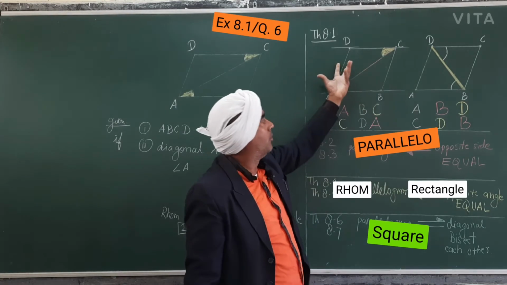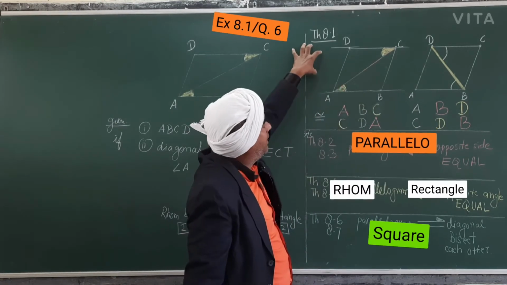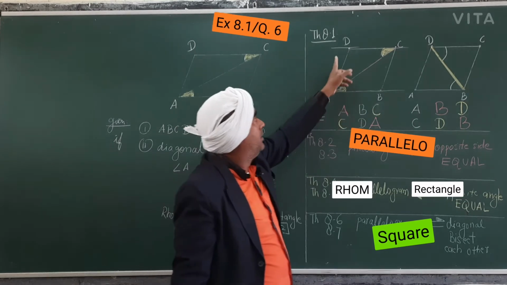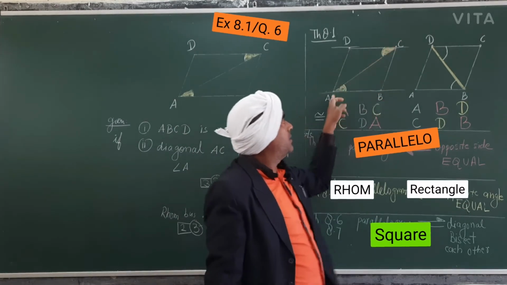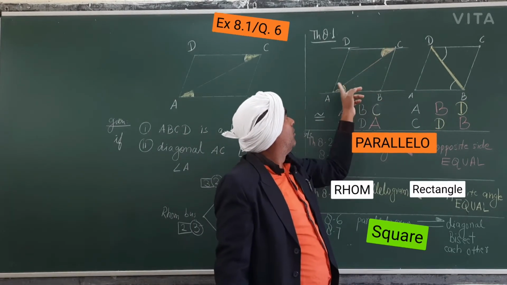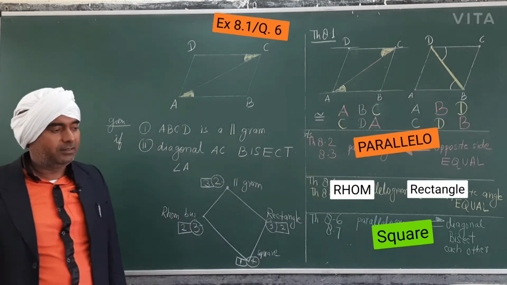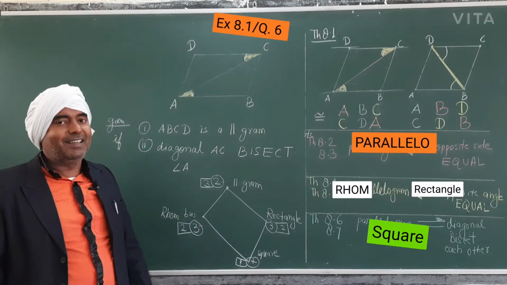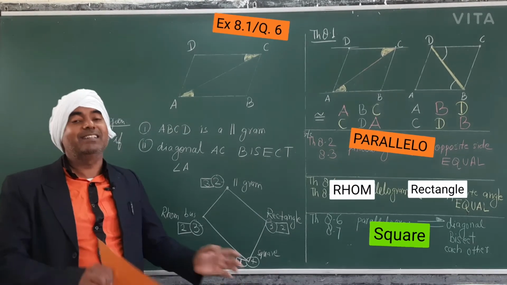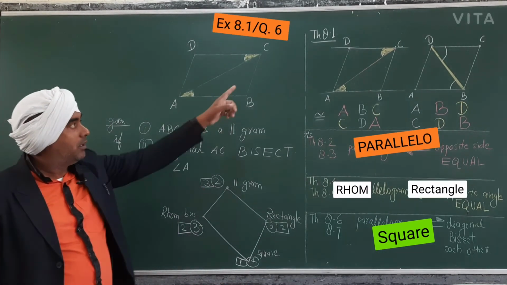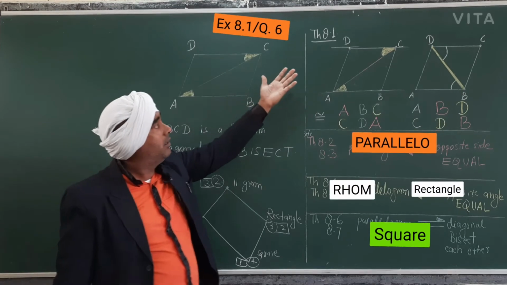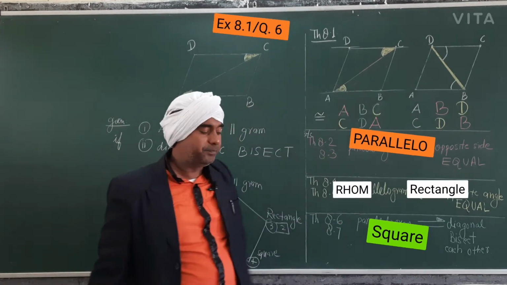In parallelogram 8.1 you only know these are parallel lines and this is intersecting, so alternate interior angles are equal.